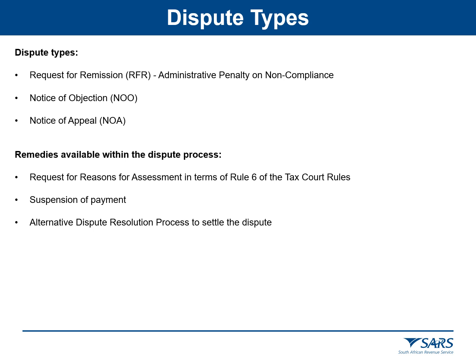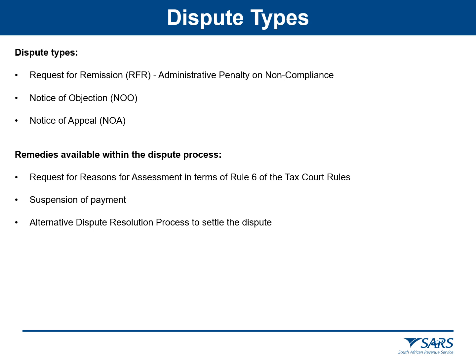Dispute types: you have your request for remission, that is your RFR, administrative penalty and non-compliance. You have the notice of objection, which is your NOO, and the notice of appeal, which is the NOA. It is important to remember that when you're doing these disputes on e-filing, the system will prompt you as to which dispute you can do.